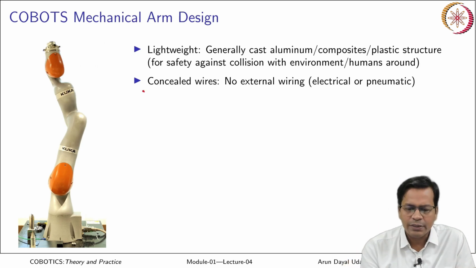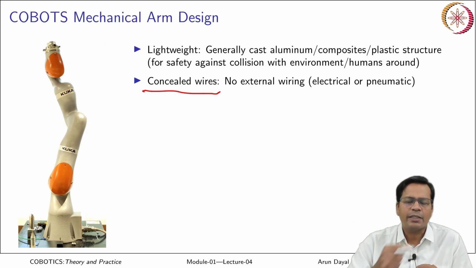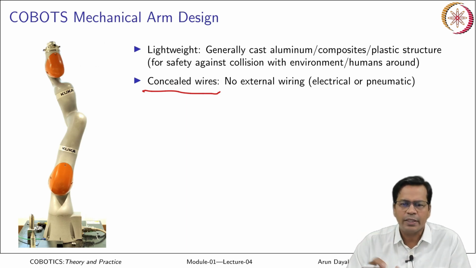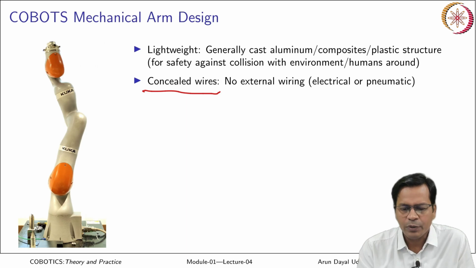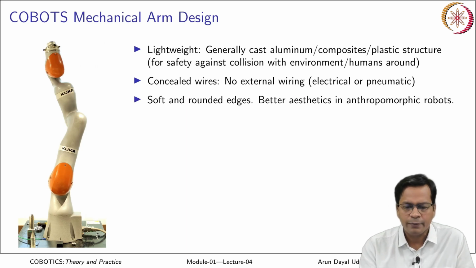It also has concealed wires, because nothing should get entangled with those wires, since humans are around. It can catch a human organ or maybe a cloth the person is wearing, so that should not happen. So no external wiring is allowed, electrical or pneumatic.